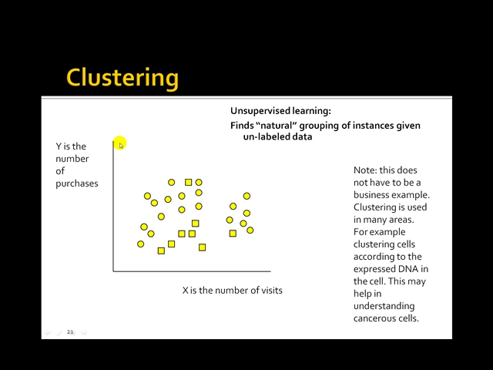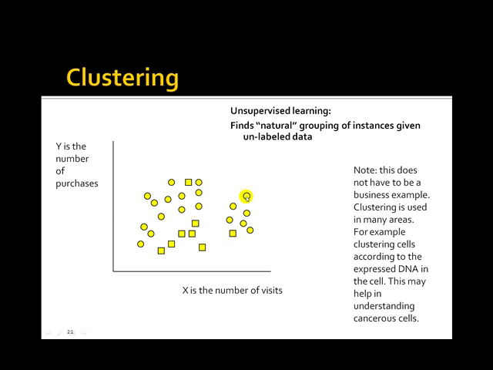Okay, so here we have two axes, the y-axis and the x-axis. I said let's pretend that x is the number of visits and y is the number of purchases. So over here, this person has a large number of visits compared to this person. This person has a large number of visits, but the number of purchases is not so high.